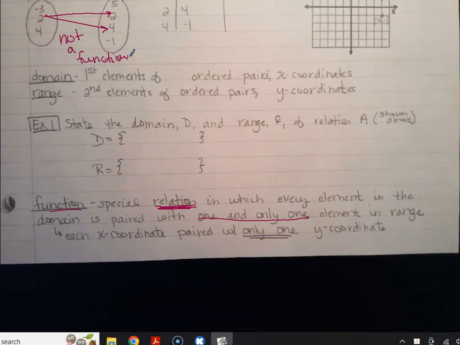Okay, is it a relation? Yes, but it's not a function. It's like saying, I'm wearing tennis shoes, but am I wearing Adidas? No, but I'm still wearing tennis shoes. Okay, Bailey is wearing tennis shoes. Is she wearing Adidas? No, but she's still wearing tennis shoes, right? A function is just a smaller subset of the relation. All right, perfect.